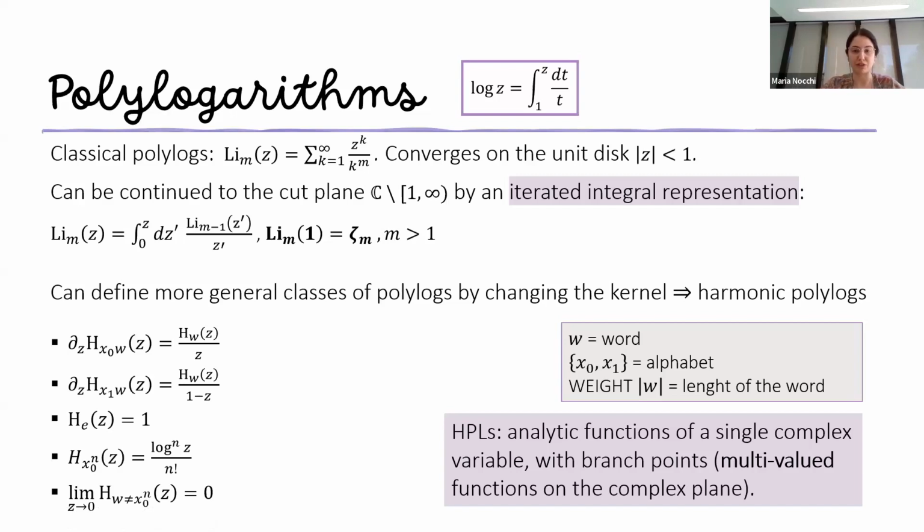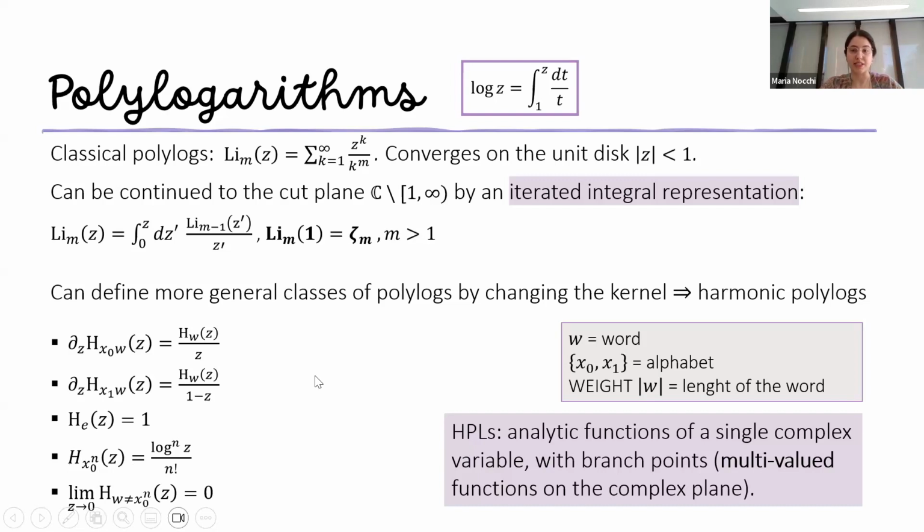So we have an alphabet of letters x0, x1, and of course we have the identity. And we call weight the length of the word. So that's all I will need in the following. And these are defined by this iterated integral representation, and they reduce to the standard powers of log in the case of the word being just some power of x0.